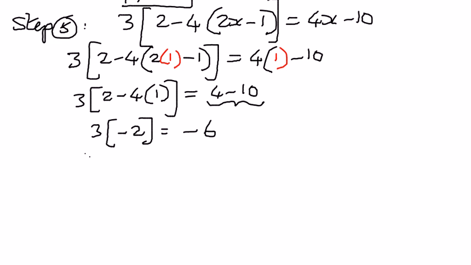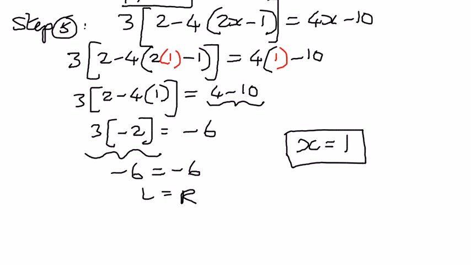On the left hand side now, 3 times negative 2 is negative 6. That value is exactly equal to what we have on the right hand side. Negative 6 is equal to negative 6. Therefore, we can conclude that the value of x equals to 1, what we have arrived at, is exactly correct.